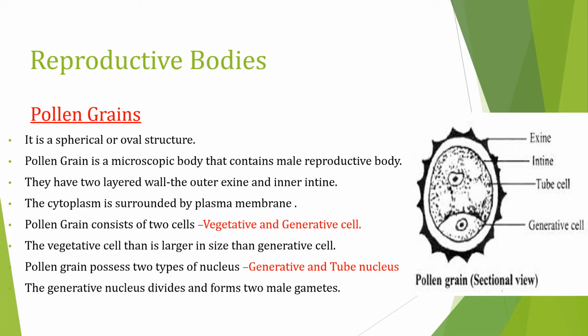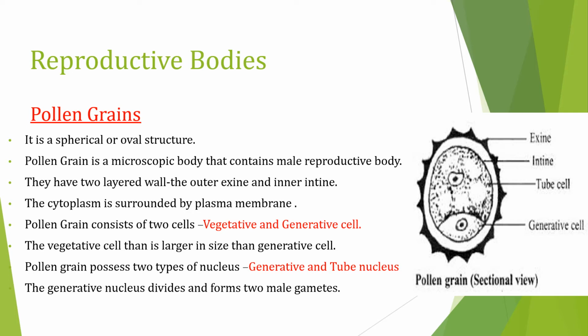The cytoplasm of the pollen grain is surrounded by a membrane which is called the plasma membrane. Now the pollen grain consists of two types of cells. They are the vegetative cell and the generative cell. The vegetative cell is larger in size with a large amount of reserves of food material.